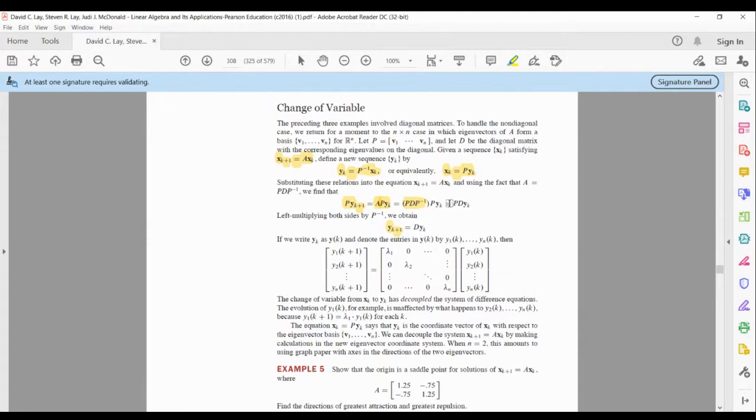And then P times y sub k plus 1 will equal P times D times y sub k. But the first step here, where P times y sub k plus 1 equals A times P times y sub k, I'm just trying to make sure I'm comfortable with that.